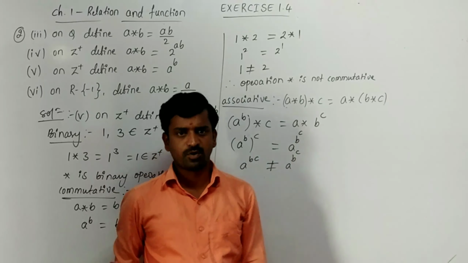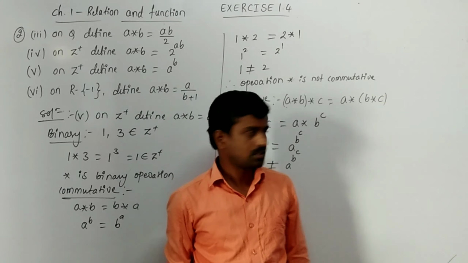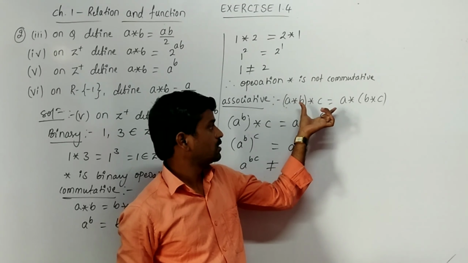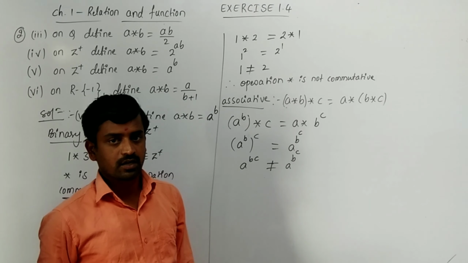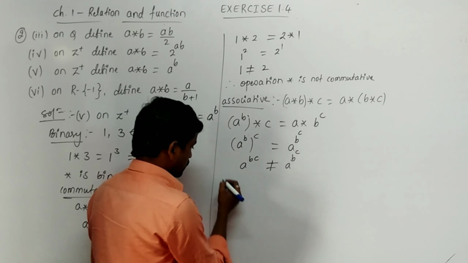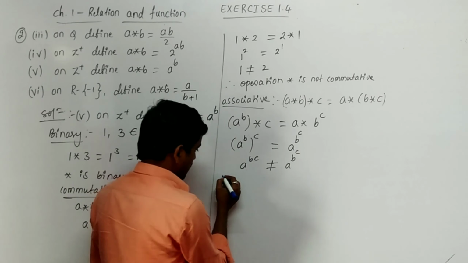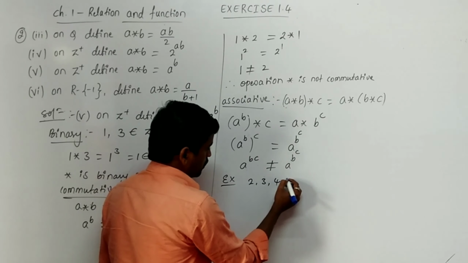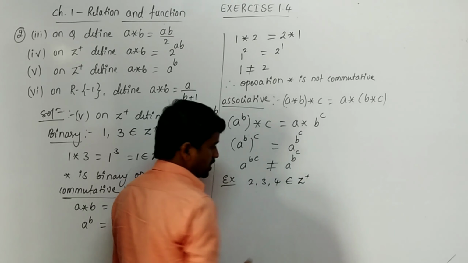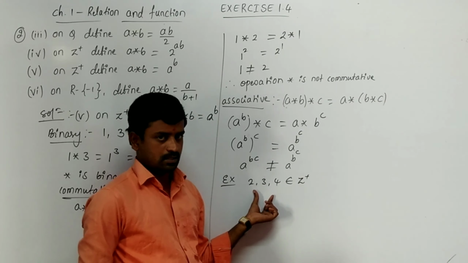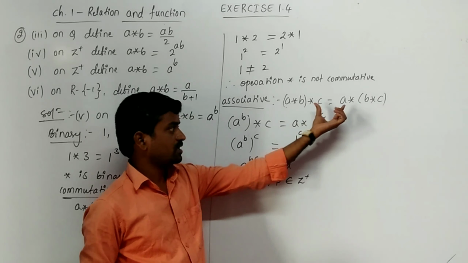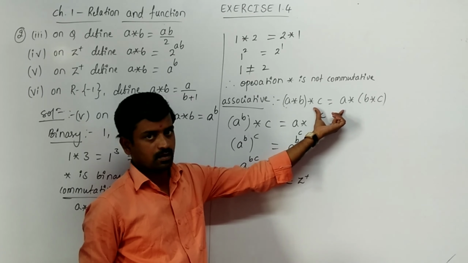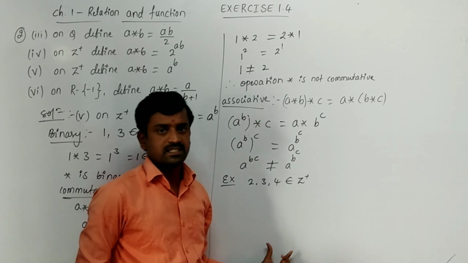You can take an example. Take any positive integers, then apply associativity, and you get LHS equal to RHS.